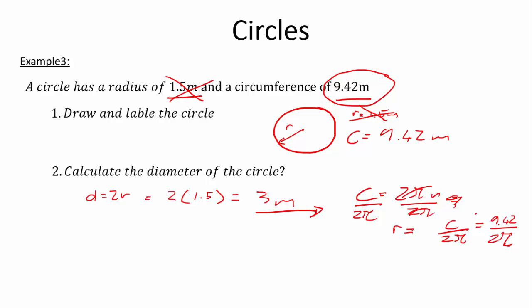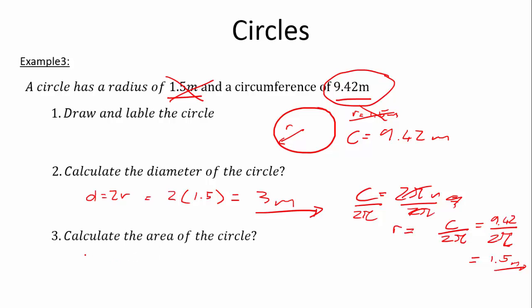Let's check that on a calculator. So we've got 9.42 at the top divided by 2 times pi, and that equals 1.5 meters. Brilliant. So we calculated the radius and then we times it by 2 to get the diameter.